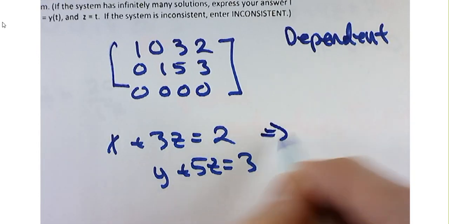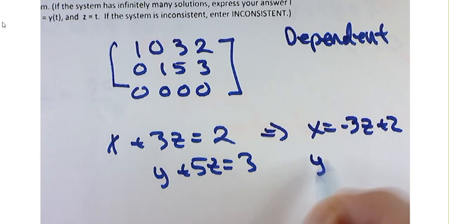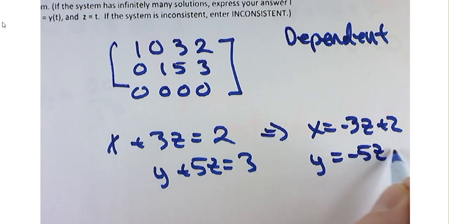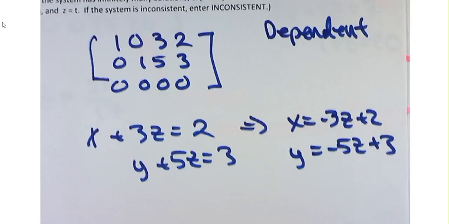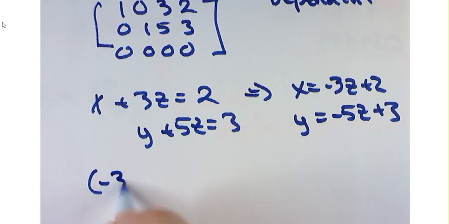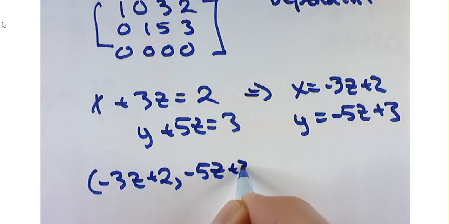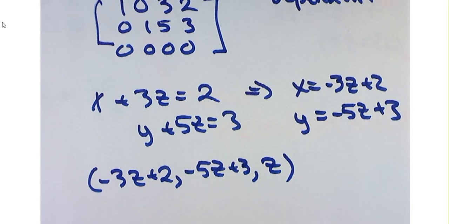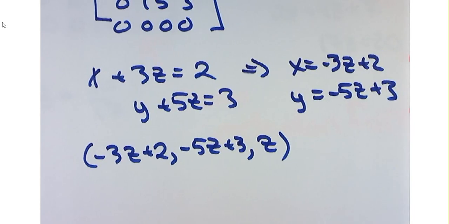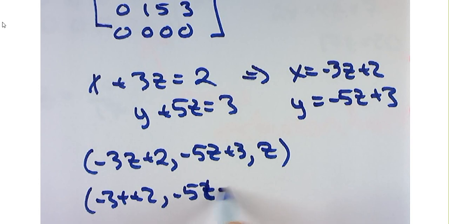So if I solve for x here, I get x equals negative 3z plus 2, y equals negative 5z plus 3, and overall my solution in parametric form would be negative 3z plus 2, negative 5z plus 3, and z. And of course, if you wanted to, you could write it in terms of t's: negative 3t plus 2, negative 5t plus 3, and t.